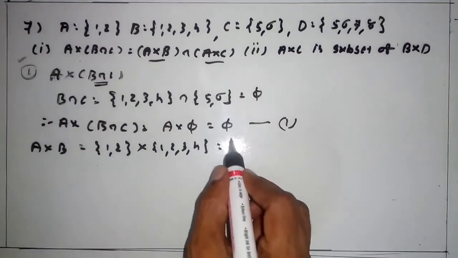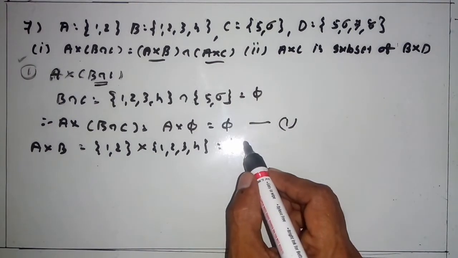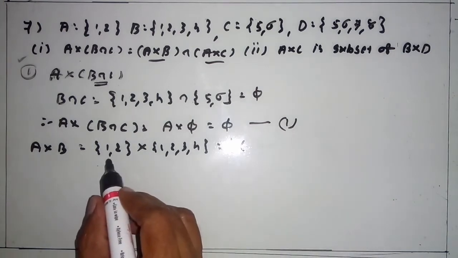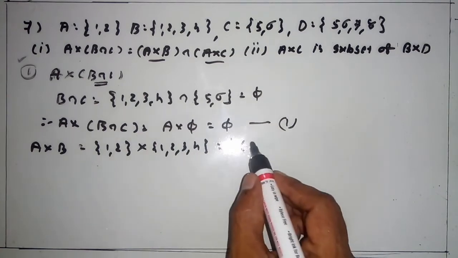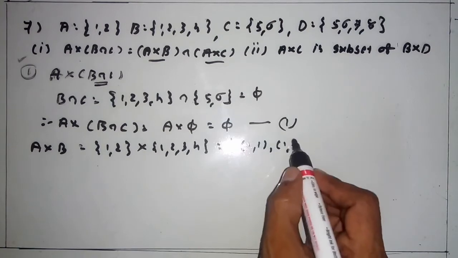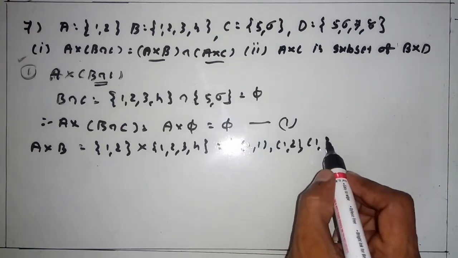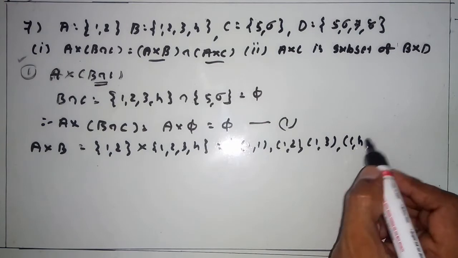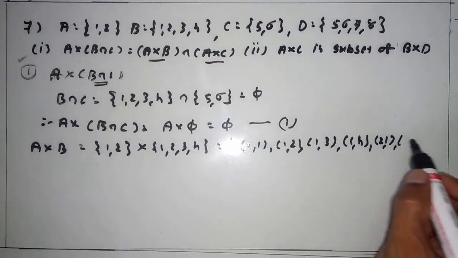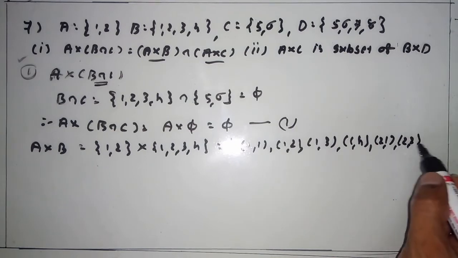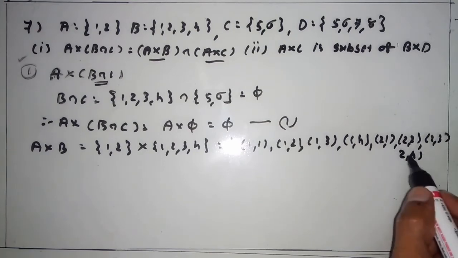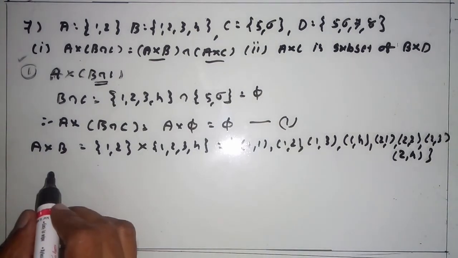The cross product of these two is all ordered pairs whose first element is an element of the first set and the second is an element of the second set. Ordered pairs with 1: (1, 1), (1, 2), (1, 3), (1, 4). Clear? Now with 2: (2, 1), (2, 2), (2, 3) and (2, 4). Clear? This is A × B.